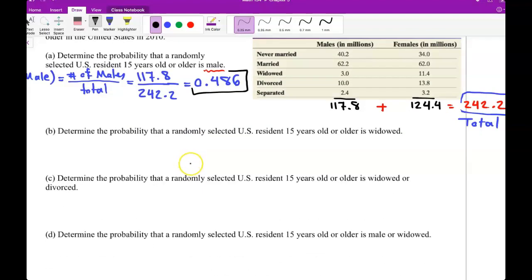Now part B, determine the probability that a random selected US resident is widow. So we have this part. And for that part we have 3. And here we have 11.4. So we should add these two. And in total we have 14.4.